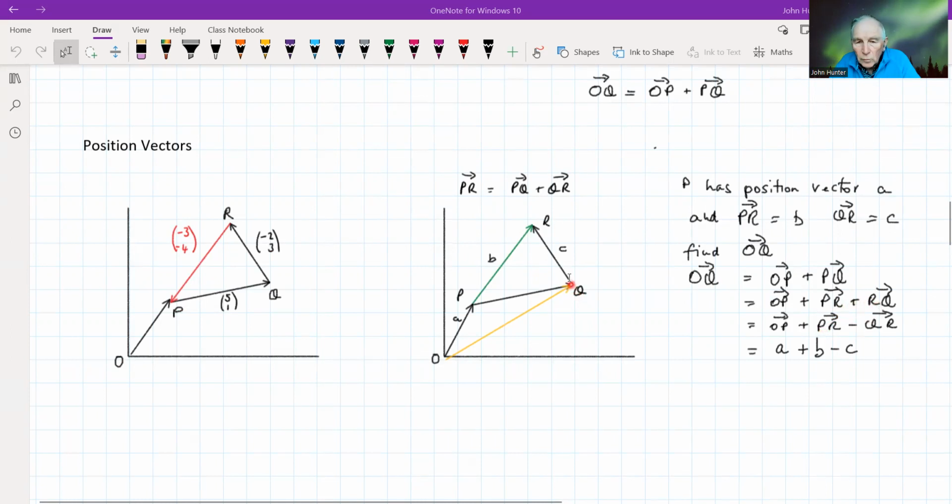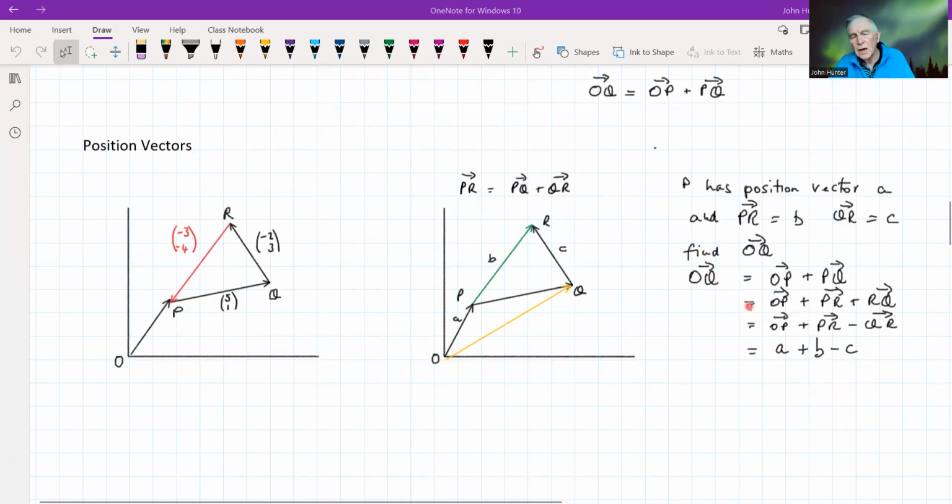And RQ, well, we've got QR is C. So if we just change the sign on there, we're going to get OP plus PR minus QR, and that's going to be A plus B minus C. So vector OQ, or we might say the position vector of Q, would be vector value A plus B minus C, whatever those values are.